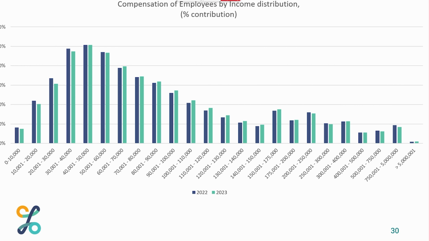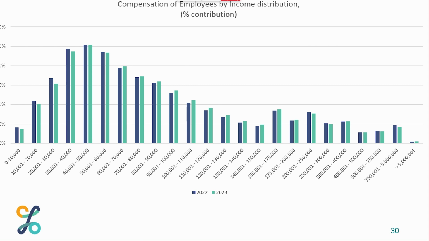and 60,000. When we add in the 2022 distribution as well, side by side, we can get a glimpse into the growth in COE. We know COE has grown in 2023, but this allows us to see a little bit more insight into that. It tells us that wages are growing, but if we look at the lower income brackets in 2023, they have a smaller percentage contribution to total COE.